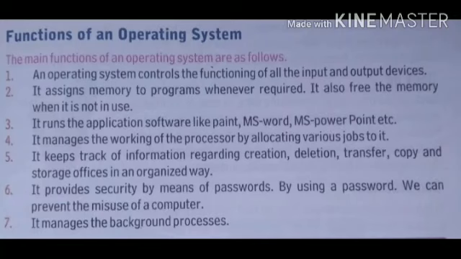Operating system allocates the processor, called CPU, to a process and deallocates the processor when it is no longer required. Operating system keeps track of all the devices. This is also called I/O controller, that decides which process gets the device, when, and for how much time.